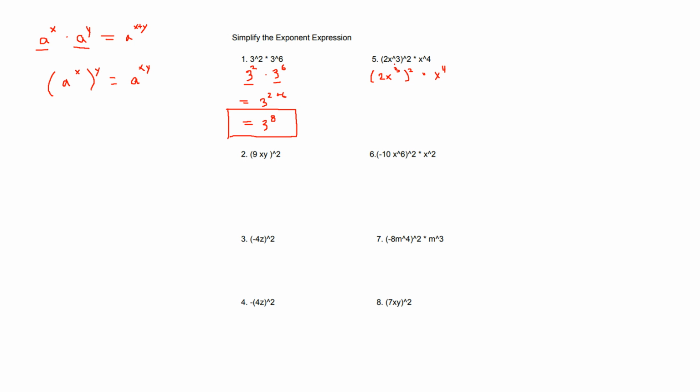You're not squaring only the x cubed, which means you're also squaring the 2. So it will be 2 squared times x to the power of 3 times 2, and then you multiply that by x to the power of 4. Now 2 to the power of 2 is just 4, and 3 times 2 is 6, so 4x to the power of 6 times x to the power of 4.